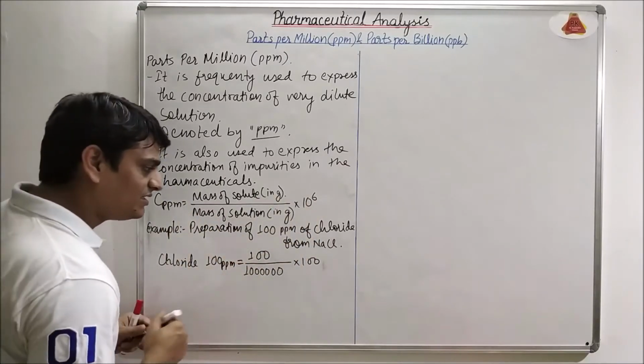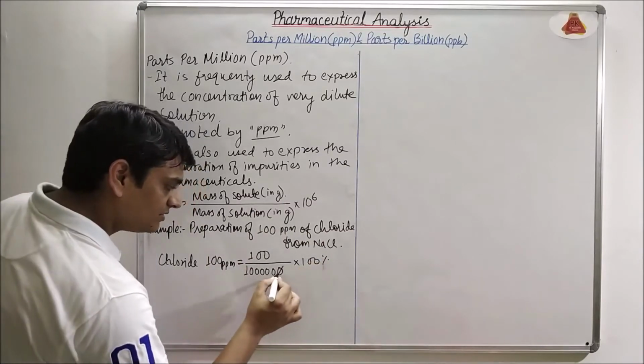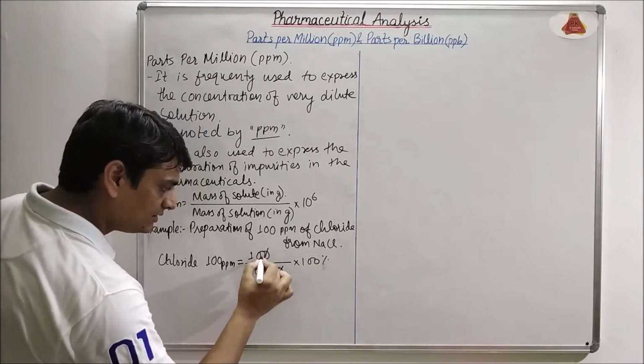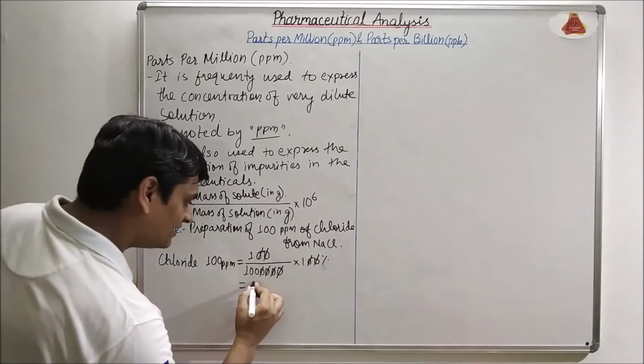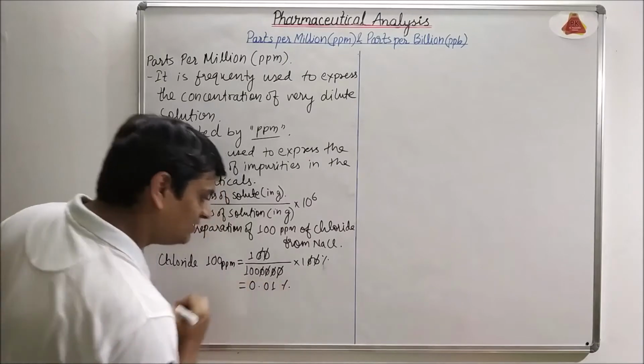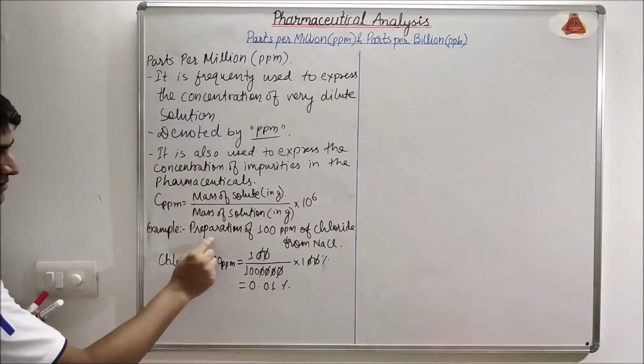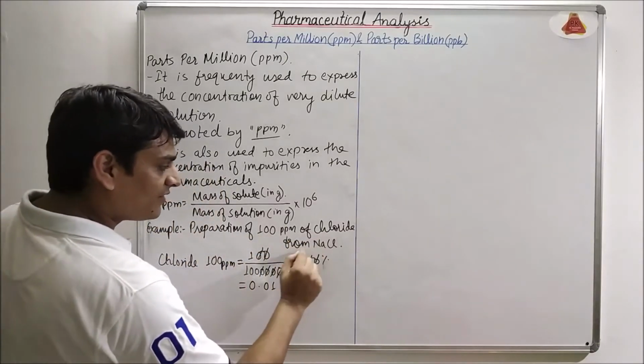After solving this we get, after cancelling out, ultimately 1 by 100, so it will be 0.01%.